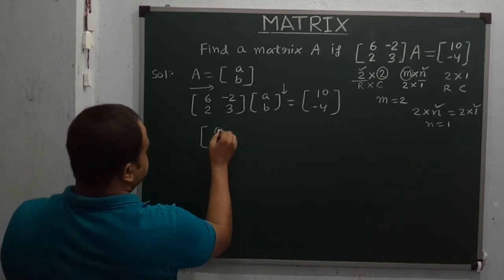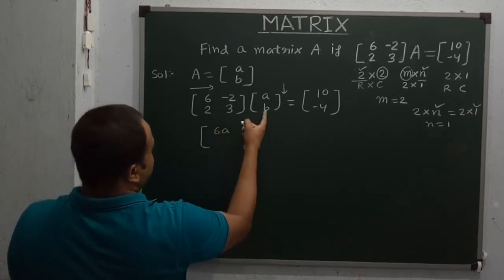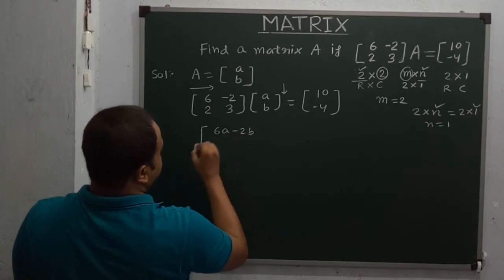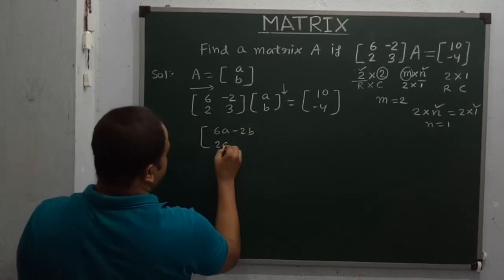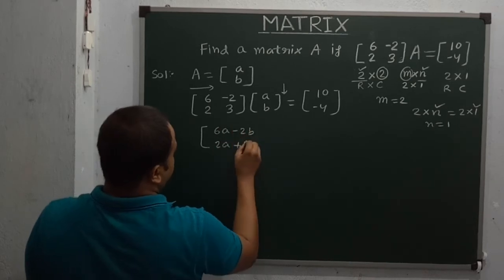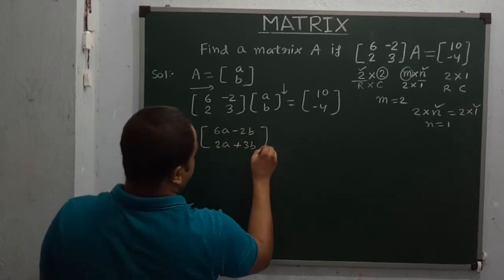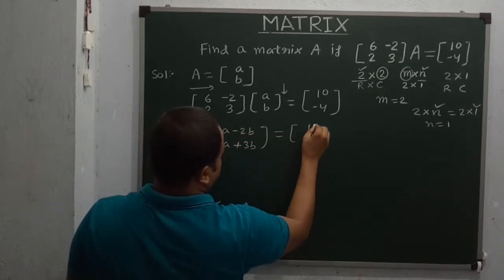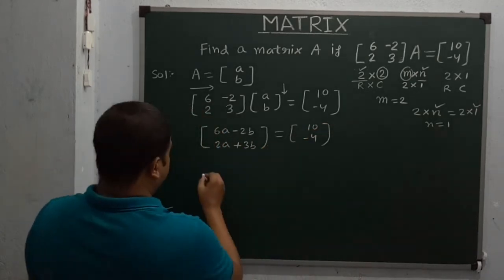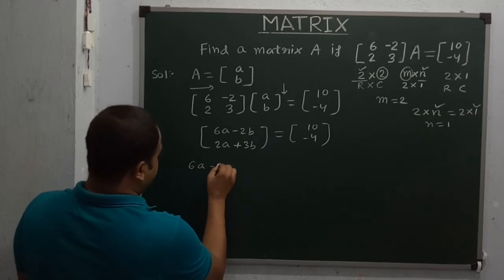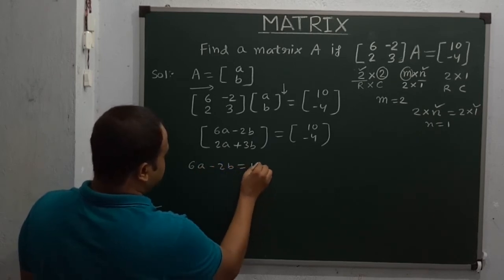6 into a is 6a, plus minus 2 into b is minus 2b. Now we go to the second row. 2 into a is 2a, plus 3 into b is 3b. Now we are getting two equations here. First is 6a minus 2b equals to 10.